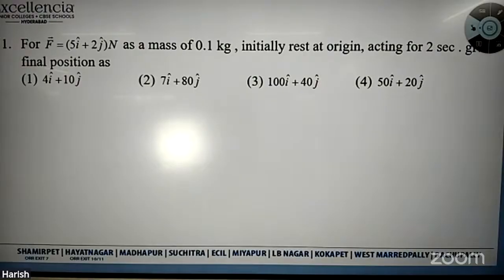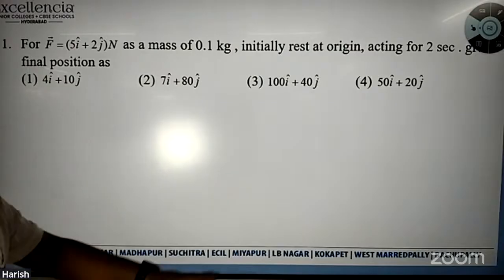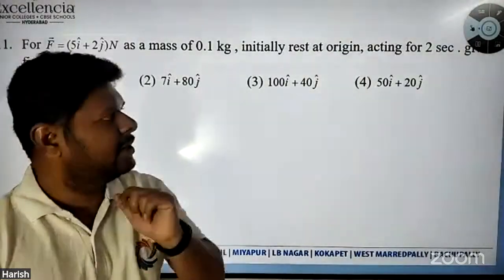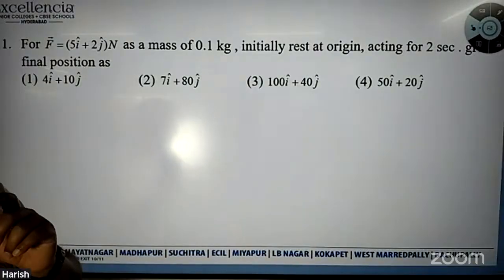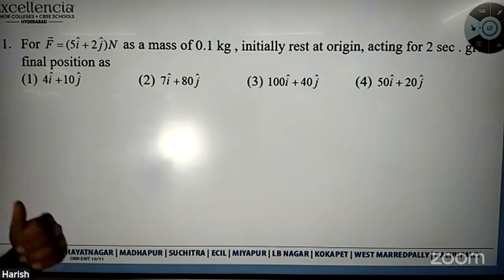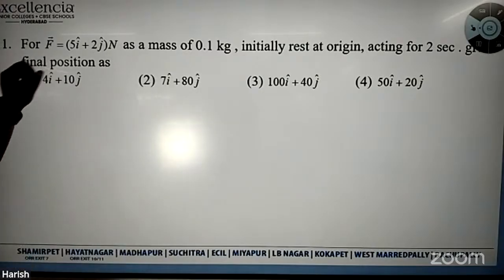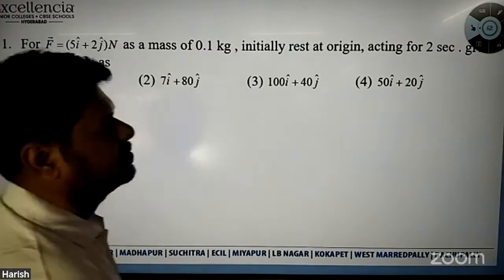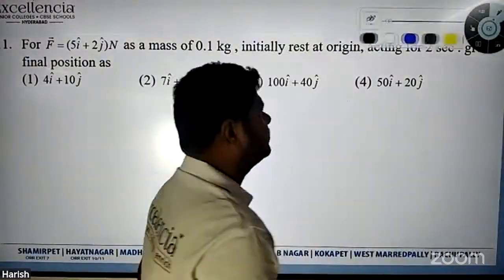Force acting on a body is given as 5i cap plus 2j cap, mass is also given. Initially it was at the origin, and the force acts for 2 seconds. You need to find its final position, that is, its x coordinate as well as its y coordinate. So let us split this now.